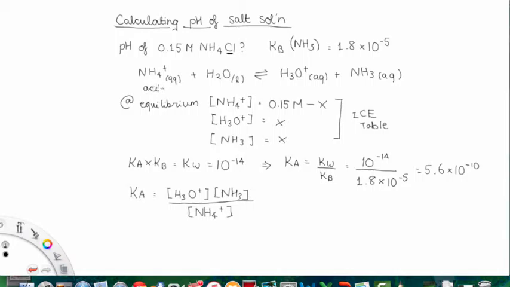So the ammonium ion in this scenario is positively charged, it's an acid, and so the conjugate base is ammonia. Okay, so then we plug in the equilibrium values that we calculated up here, and we end up with x squared over 0.15 minus x. And now we can solve for x.